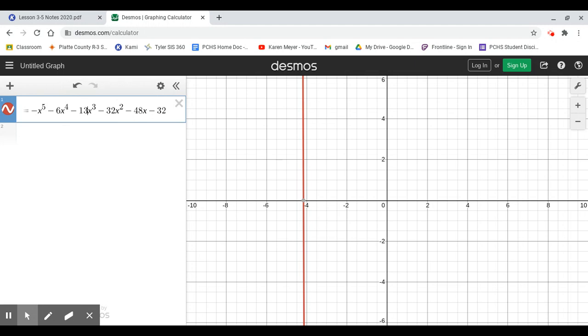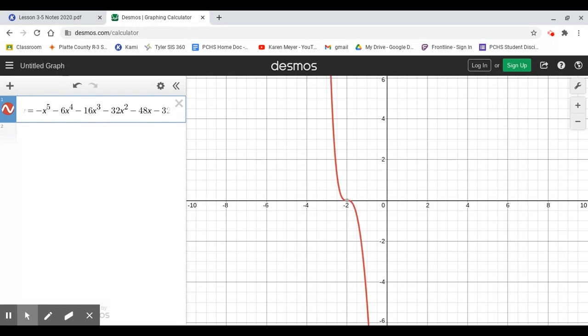Oh, whoops. I had a small typo there. Let me fix that. Okay. So most people look at this one and they just say, oh, Miss Meyer, I only see one answer, and that's at -2. But this one actually has an odd multiplicity, because do you see it kind of looks like a sideways S? And then we have this little flat line right here at -2.